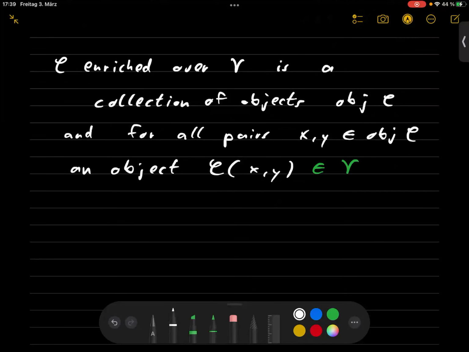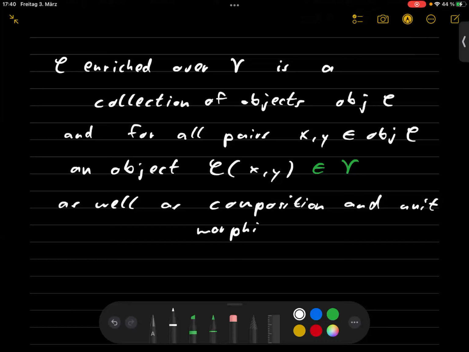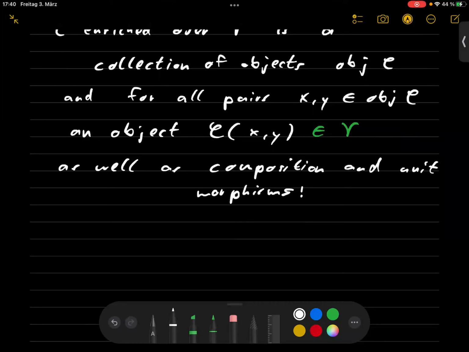And now we also need to add compositions, as well as composition and unit morphisms. That is, we have C(X,Y) and C(Y,Z).